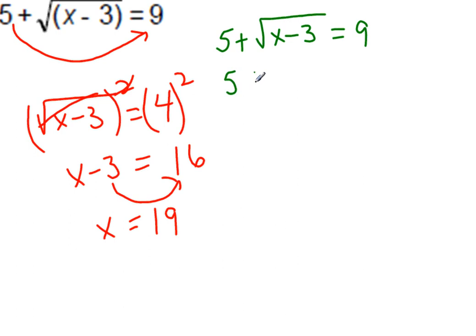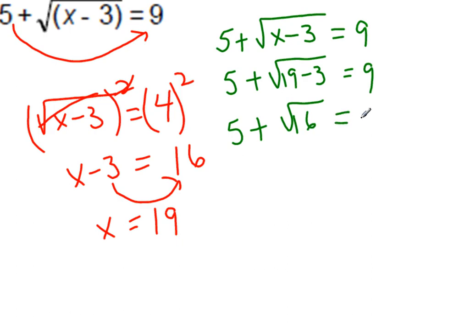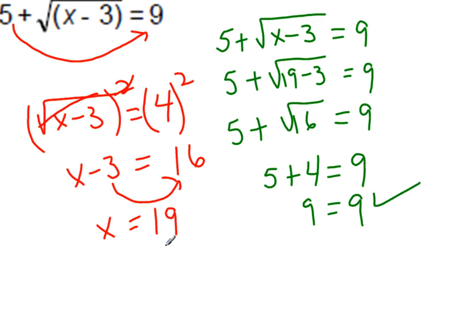So 5 plus the square root of 19 minus 3 equals 9. So 5 plus the square root of 16 equals 9. And we know that the square root of 16 is 4, and is 5 plus 4 equal to 9? Yes, because 9 equals 9. I check it, it's true, and so my solution set is 19.